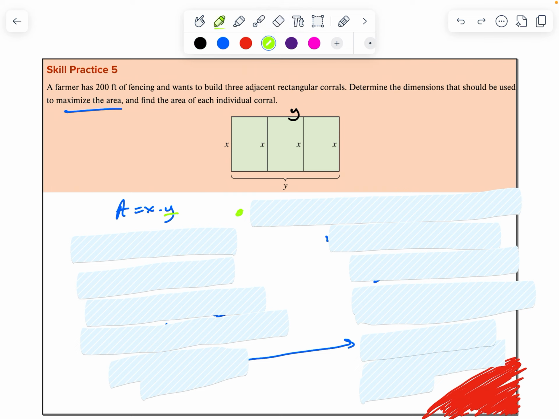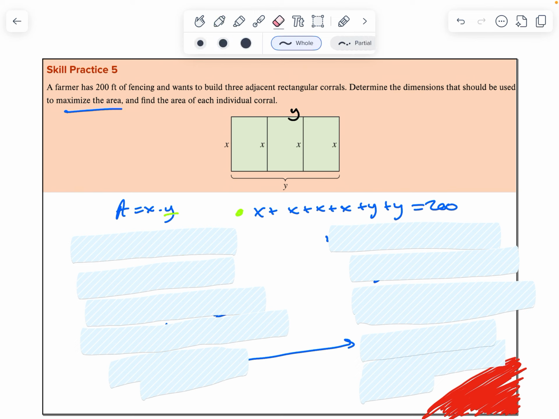I set up the 200 feet of fencing to be total of all of those items, the x, x, x, y, y. Then I combined all the like terms, 4 x's, 2 y's, and continued to try to solve for y. With a known y, we can sub that into this original equation.